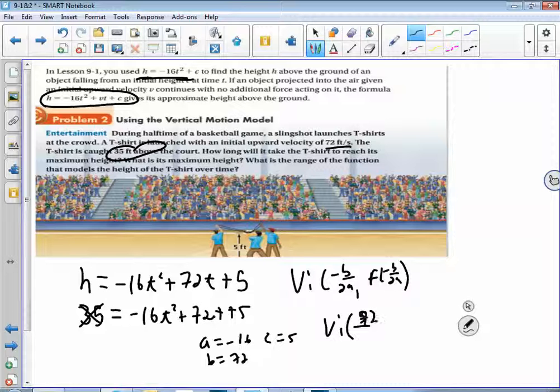72 over negative 36. That sounds kind of weird, but what does that come out to be? Use your calculator to figure that out. If we use our calculator to figure that out, what would that be?